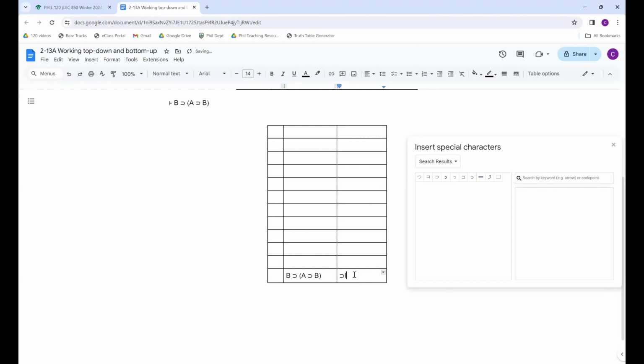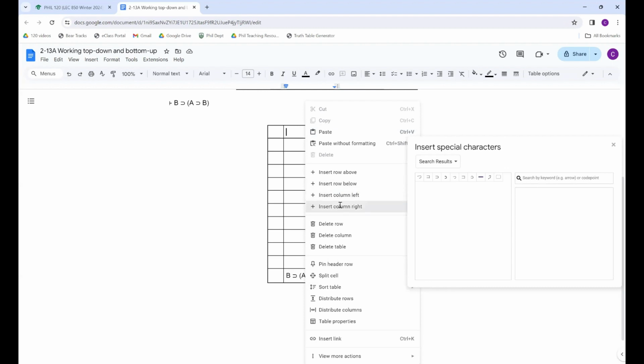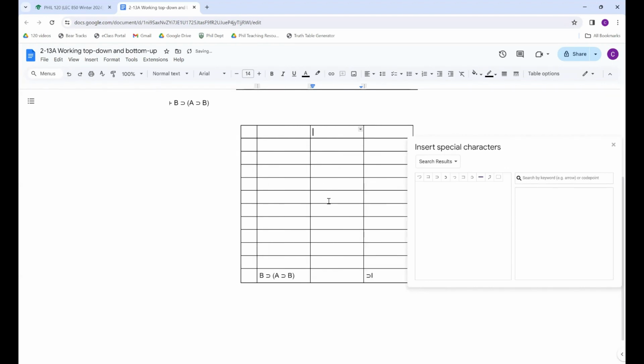So we write that rule over here in the justifications column because that's the rule that we're going to use to get this. We will introduce a new column for a subderivation, and we'll write in what we would need for the subderivation that would allow us to infer this by conditional introduction. So we have to have a subderivation that goes from the antecedent to the consequent.